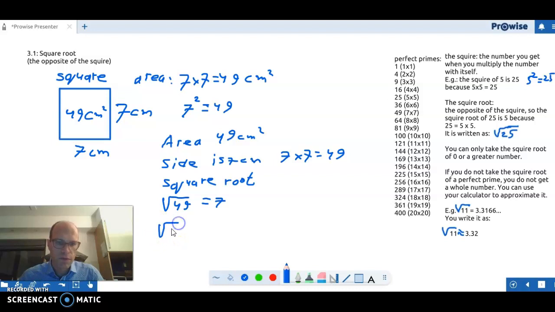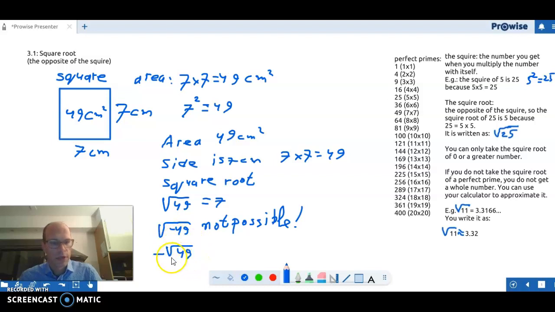So the square root of -49 is not possible. But what is possible is minus the square root of 49. Then this is simply a number, and that number has an opposite, and that's the negative number. Okay, this is basically what I wrote over here.